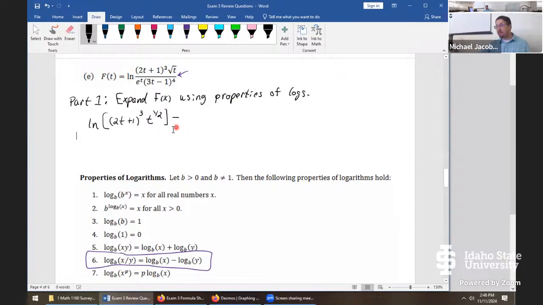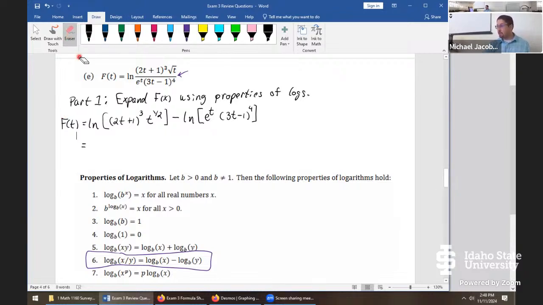Notice that minus is there in the quotient rule for derivatives as well. So that's kind of a helpful way to remember these things. The natural log of everything in the denominator, e to the t, times 3t minus 1 to the 4th power. And we're done with property 6 so far. I should write out that this is f of t, just to emphasize what we're working with. It's not the derivative yet, just properties of logarithms.